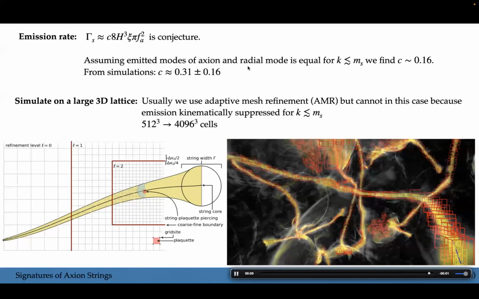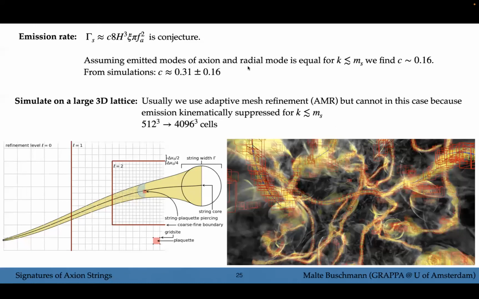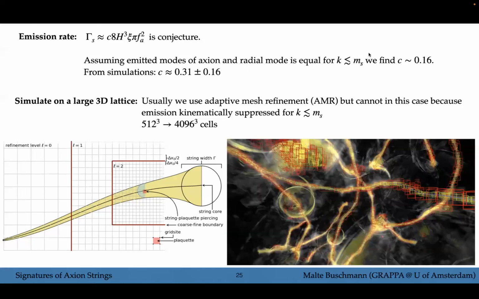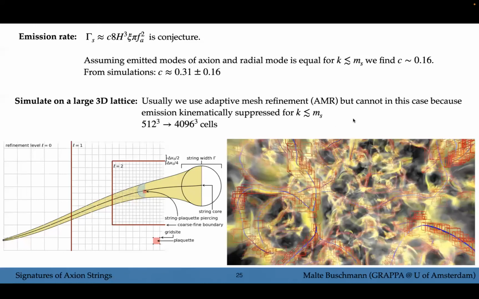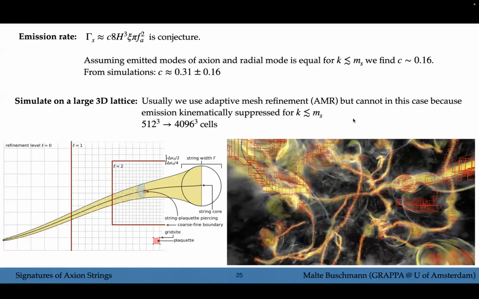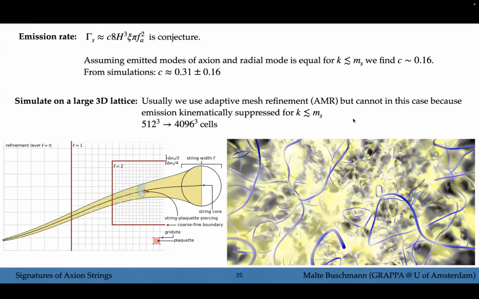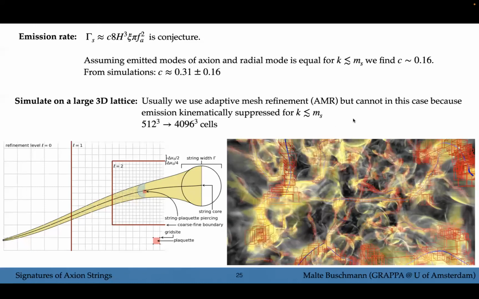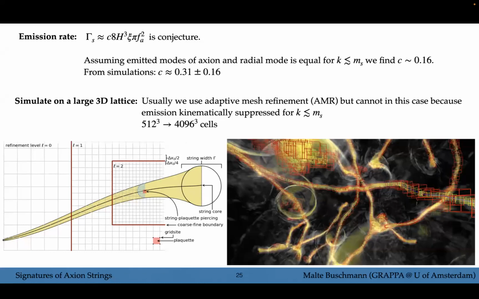We have to run it on a static mesh instead of an adaptive mesh. Because it is suppressed at low k, we do actually care about the really high k parts of the radial mode emission spectra. If we were just interested in the axion emission, we wouldn't care about that. It would be perfectly fine to just average out this very small emission of the radial modes. But given that we are actually trying to measure that now, we needed to go to a static lattice in this particular case.